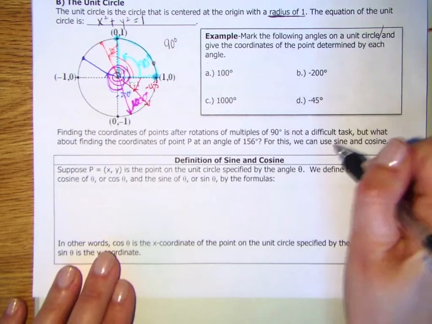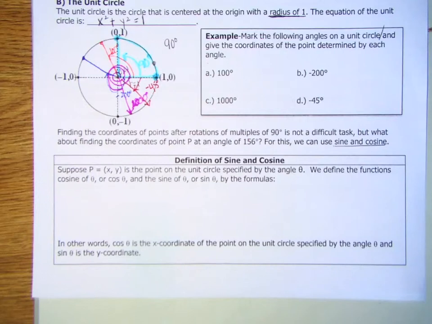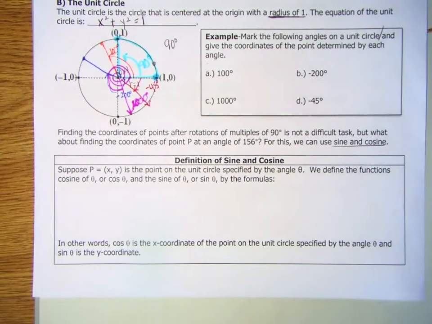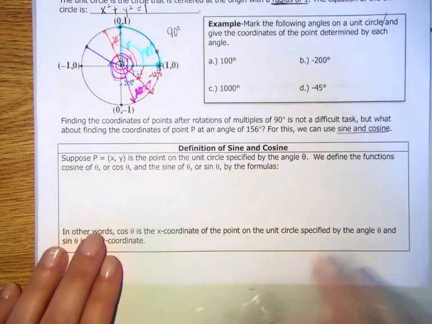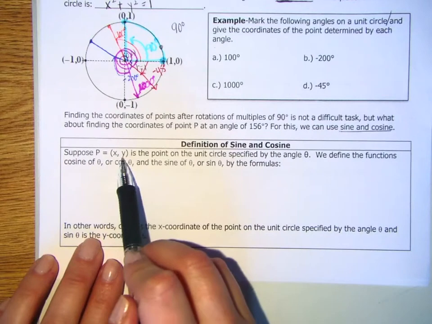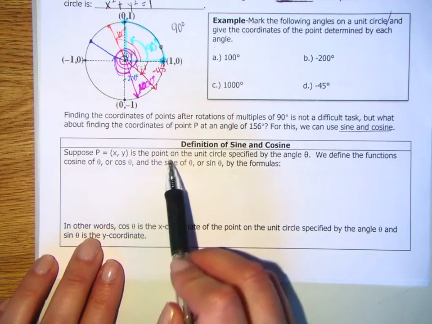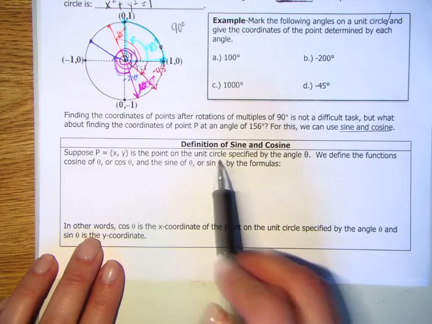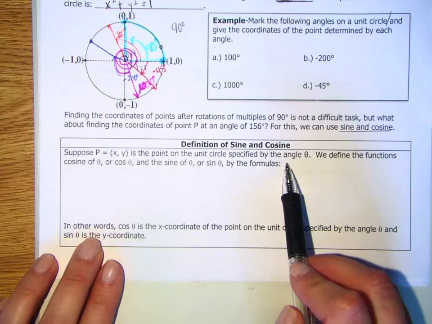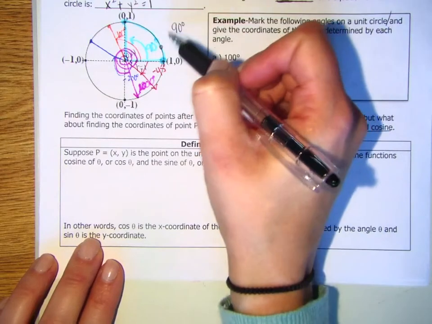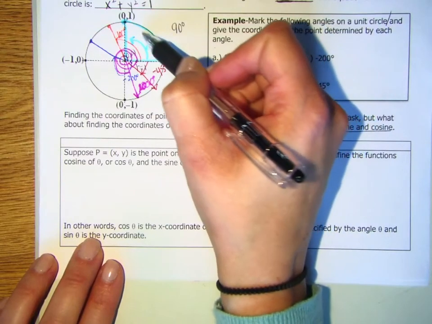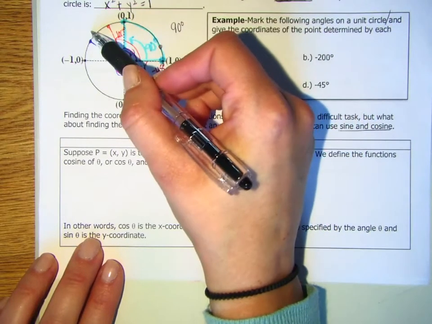For that, here is where our sine and cosine functions come into play. So your definition of sine and cosine. Suppose point P has the coordinates x, y, and that is the point on your unit circle specified by some angle.